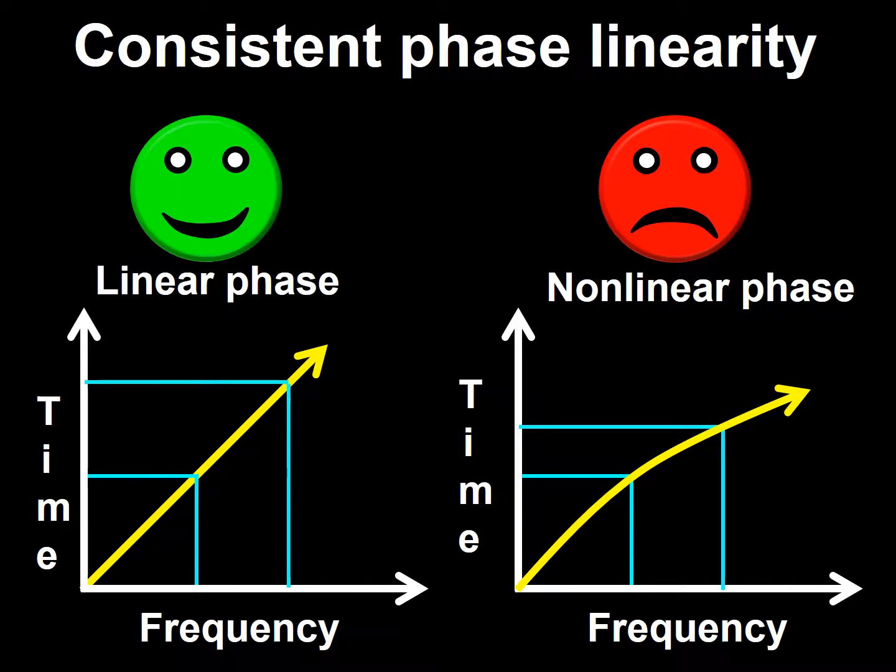By the side, under the sad phase, I have represented a filter with poor linear response. Again, notice the yellow arrow. In this case, you can see that the increase in frequency is not matched by an appropriate increase in time.